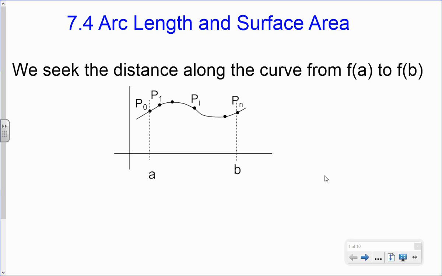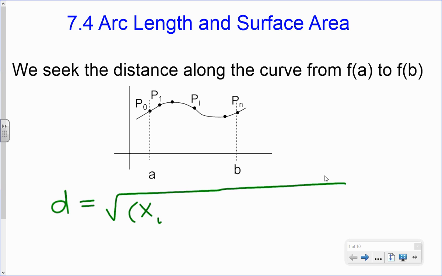Now, let's talk about the distance formula. If I'm finding the distance between 2 points, how do we do that? Plus y minus y.